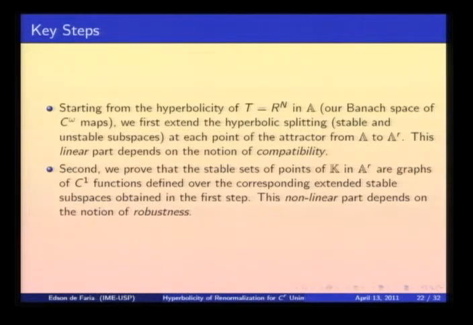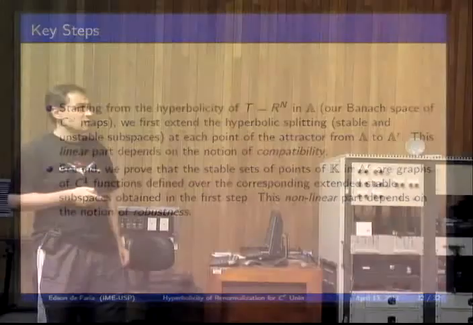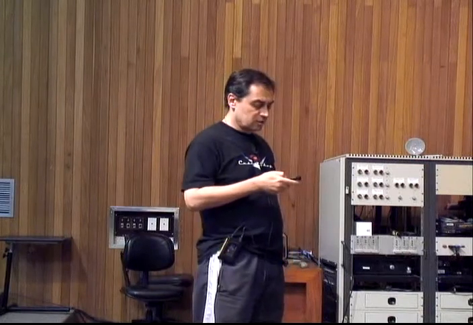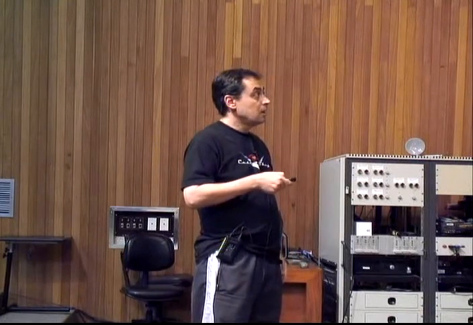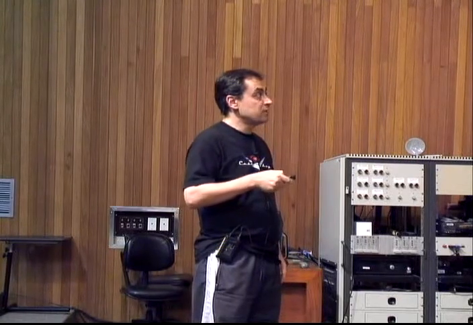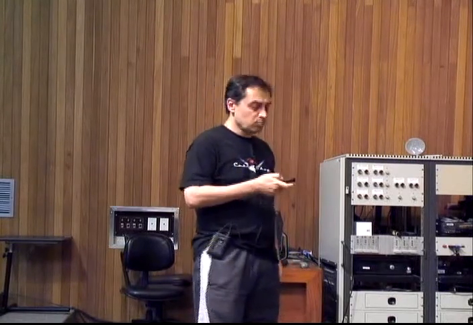The second thing is you want to show that the stable sets in the larger space are actually graphs of C1 functions over these stable subspaces that you extended. This nonlinear part depends on the notion of robustness that I will state in a moment. And with this notion in place, we can prove a general stable manifold theorem for robust operators. So let me see if I can tell you quickly what these things are.